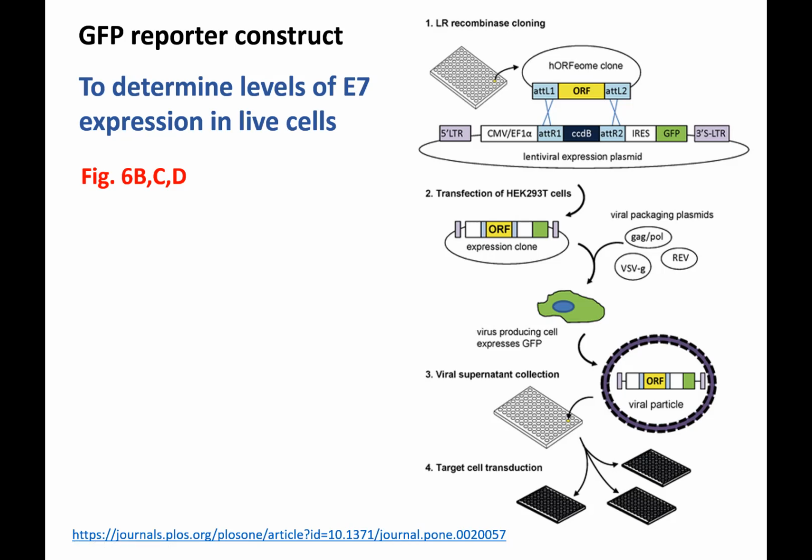And what's happening here, I just want you to see, is that they've made this virus, it's a recombinant virus, to infect cells, and it has GFP, and it has E7, okay? And so whenever you see green, it's telling you that there's E7 also being expressed.